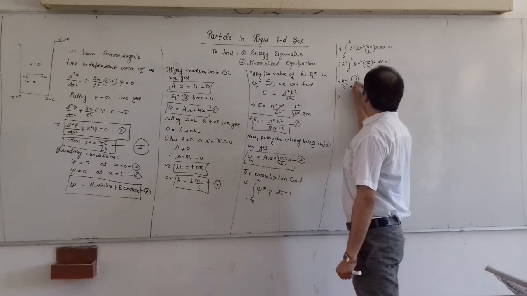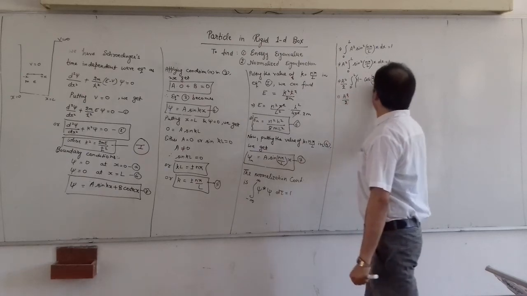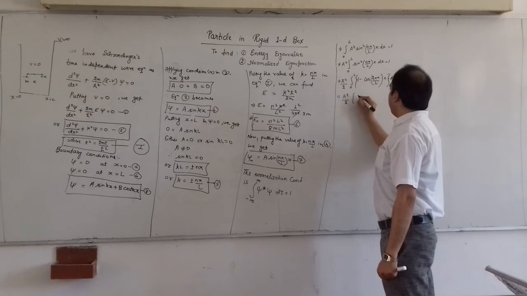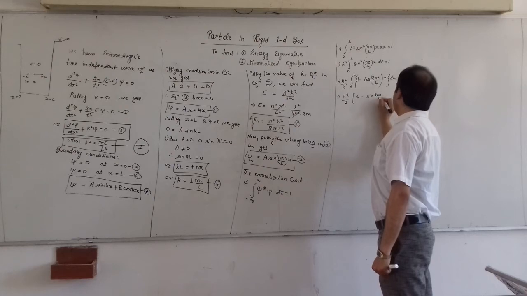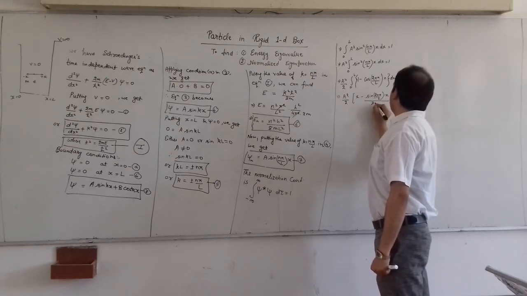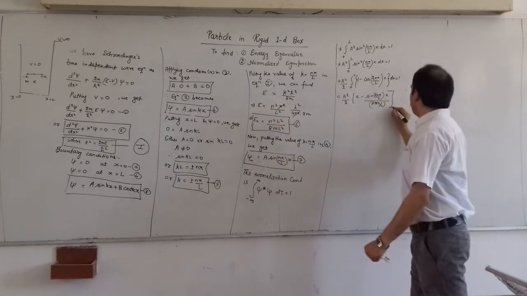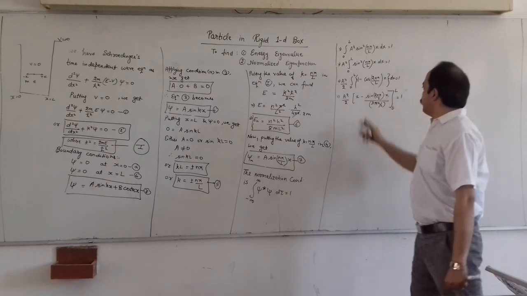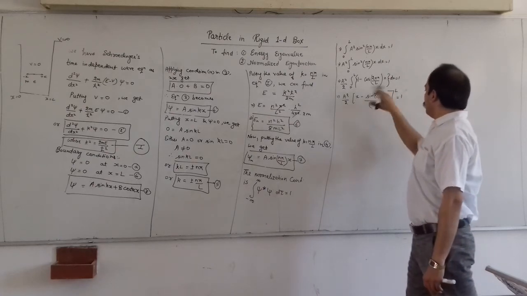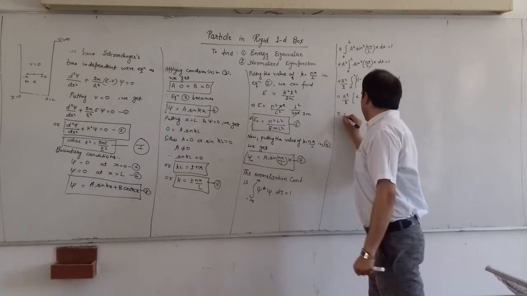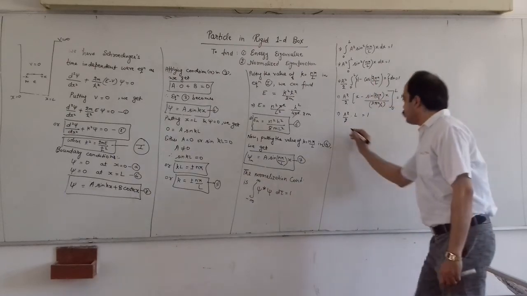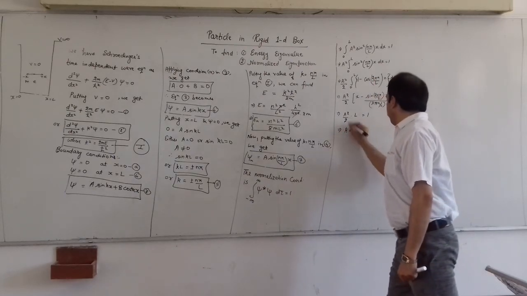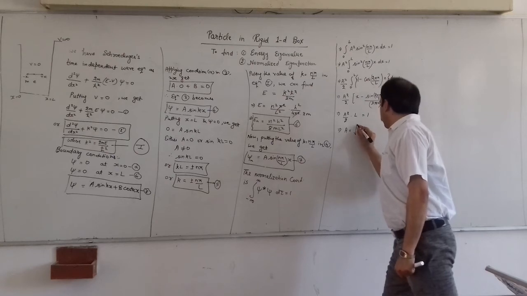On solving this, we will get A square by 2, and this will be our integration x minus integration of cos is sin 2 n pi by L into x upon 2 n pi by L, right? And put the limits 0 to L equal to 1. Putting the limits, we will get here L, and this whole term will become 0, and we are left with A square by 2 into L equal to 1, right? So our A will be under root 2 by L.